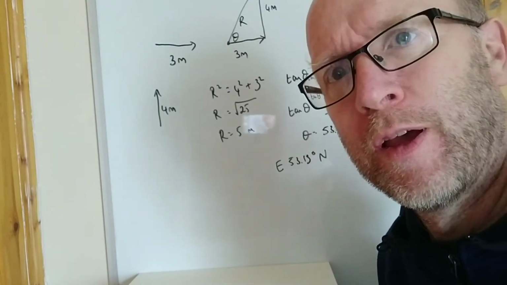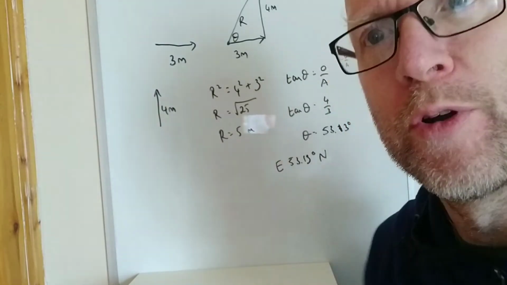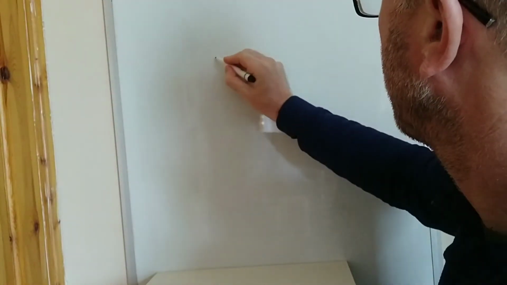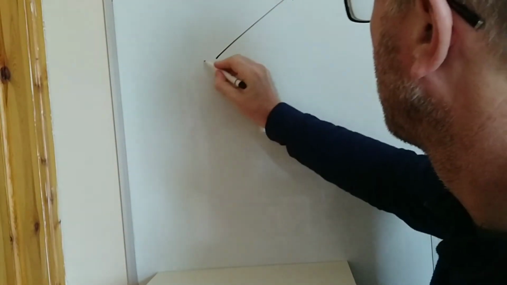Step two is resolving a vector into two components. Okay, so we take a vector. So let's say we have this vector and we want to resolve it into two components. Now resolving into two components means doing the opposite of the triangle rule. Okay, we're turning one vector into two perpendicular vectors.